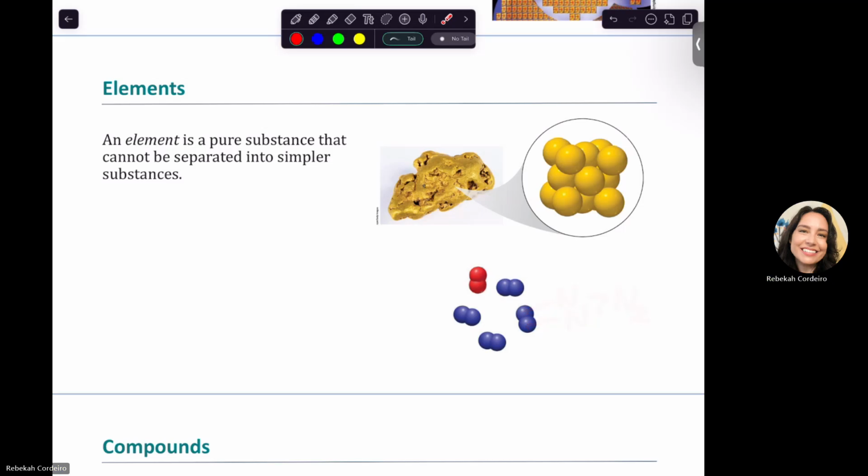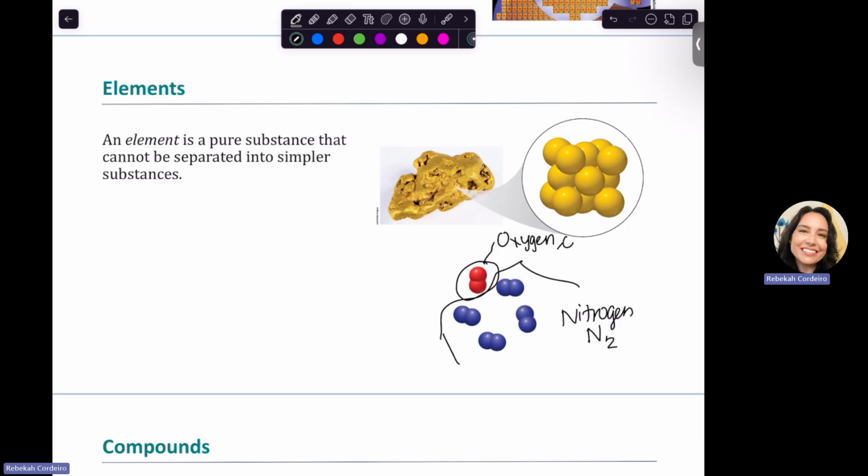So this would be nitrogen, and this one would be oxygen. I think they probably meant for all of it to be blue just to show examples, and all of this is gold, Au.